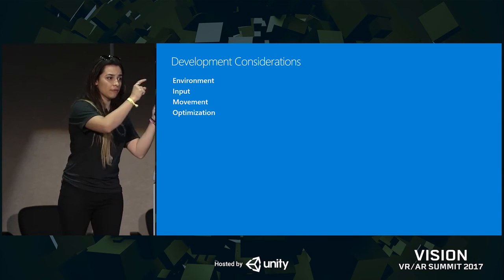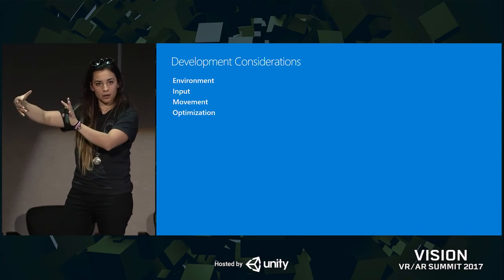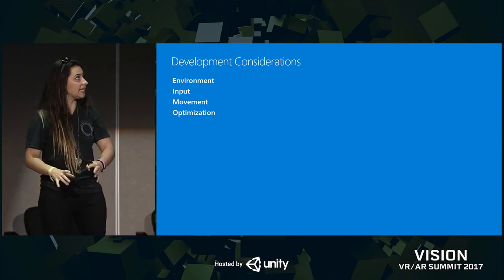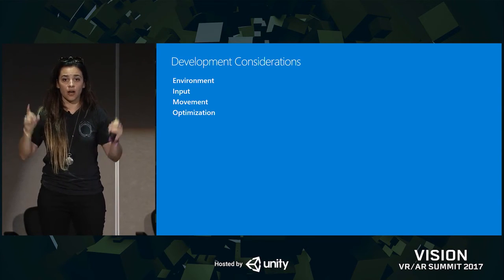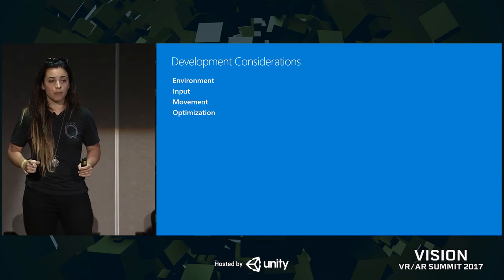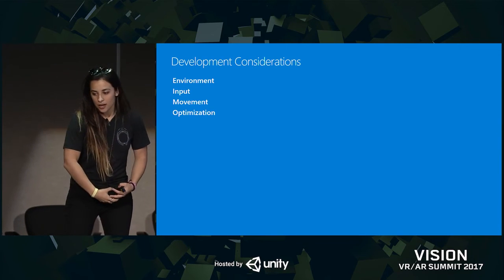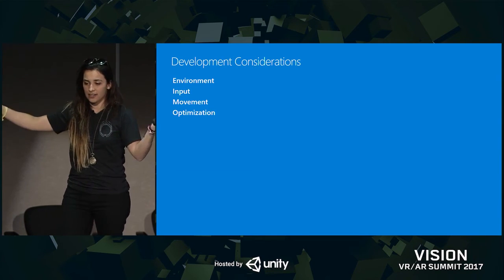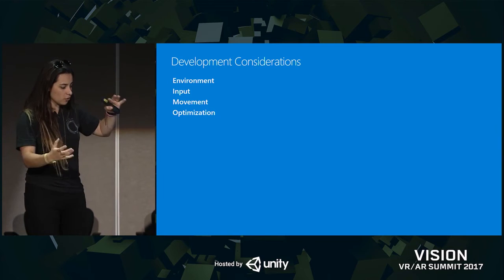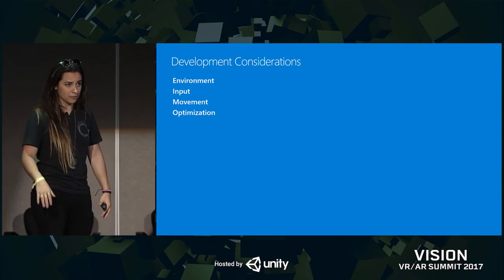The other thing when going from the VR portion of the spectrum to the more AR mixed reality side of the spectrum is optimization. The HoloLens is a mobile device. So running a bunch of particle effects and getting huge explosions, normally you have your gaming PC that can run it fairly well at 90 frames per second.